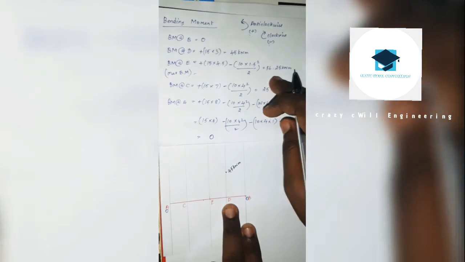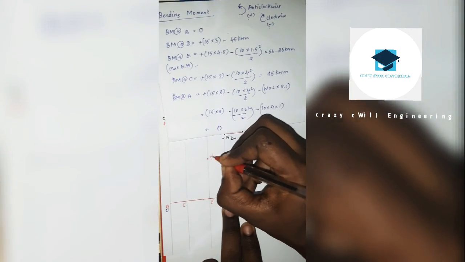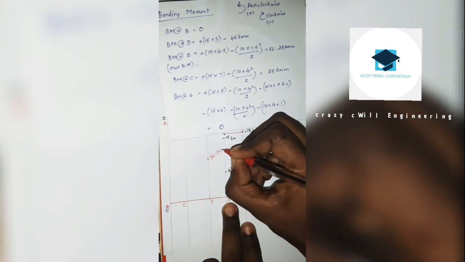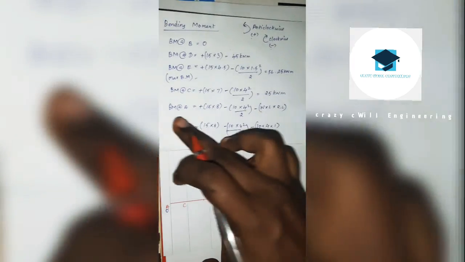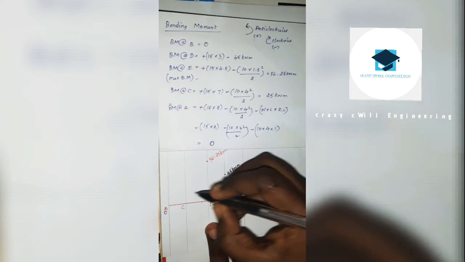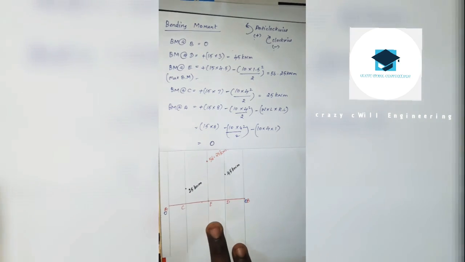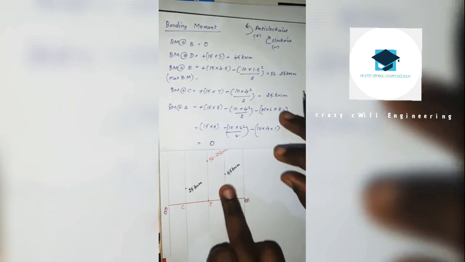At E is the maximum bending moment, so here is 56.25 kilonewton meter. Here at C is 25, so 25 kilonewton meter. The maximum bending moment is 56.25.